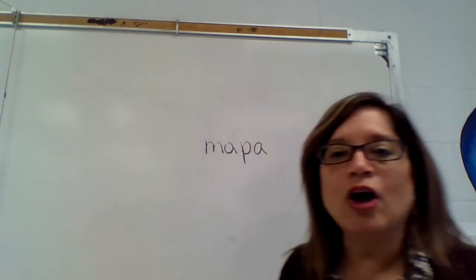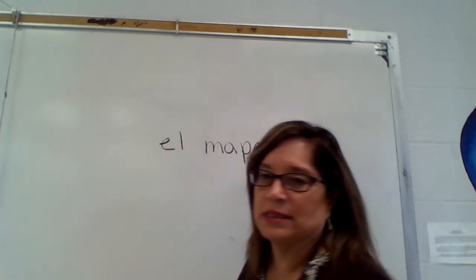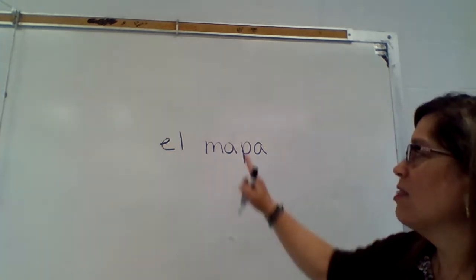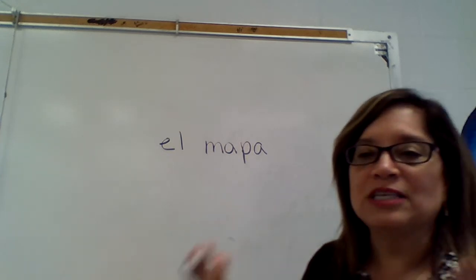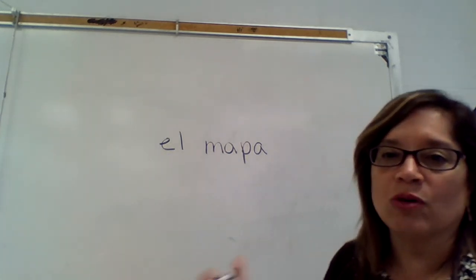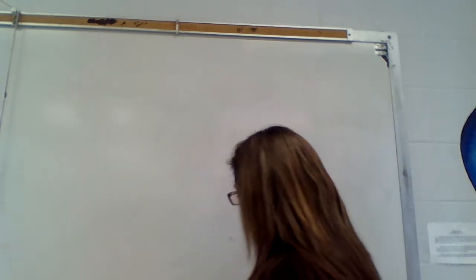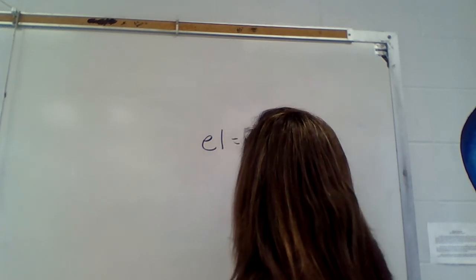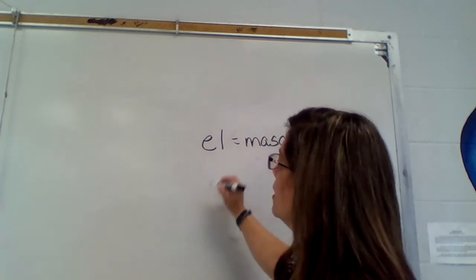Now, a way to know the gender of a noun is looking at the article in front of it. And this is a definite article. El mapa. That means the map. So in Spanish, to help you know if the gender is feminine or masculine, look at the article that is in front of it. As an example, the article el is for masculine and singular, because nouns can also be plural.